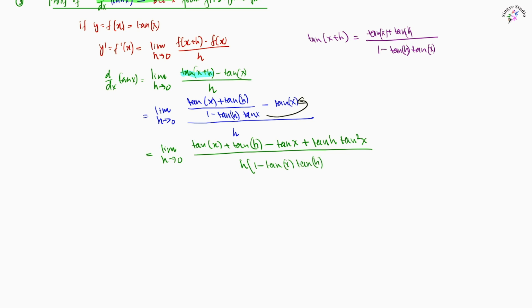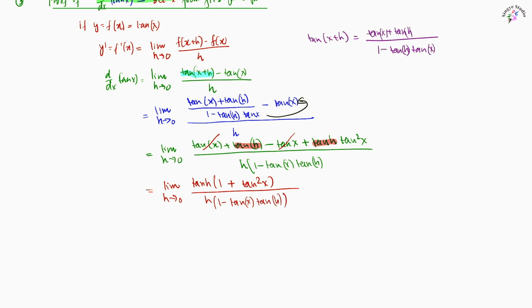Okay, now here we see that this tangent x and this tangent x get cancelled, and we can also group this tangent h and this tangent h as a common term to simplify. By doing this, we will get the limit as h approaches 0 of tangent h times 1 plus tangent squared x, upon h times 1 minus tangent x tangent h.